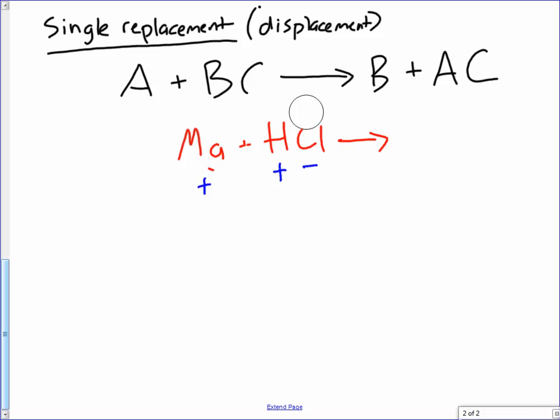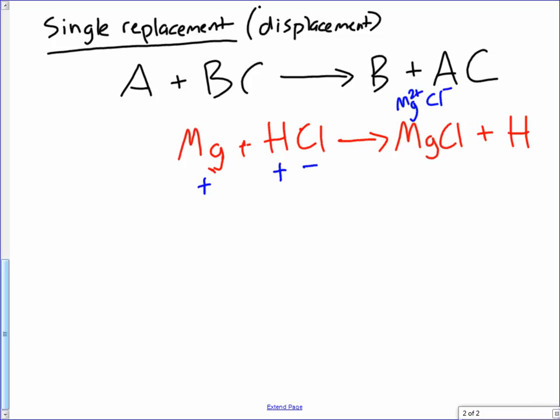So that means magnesium is going to replace hydrogen. So we're going to have magnesium chloride, and hydrogen's going to be by itself. Now we look at subscripts. So magnesium and chlorine. Magnesium is a 2+ alkaline earth metal.